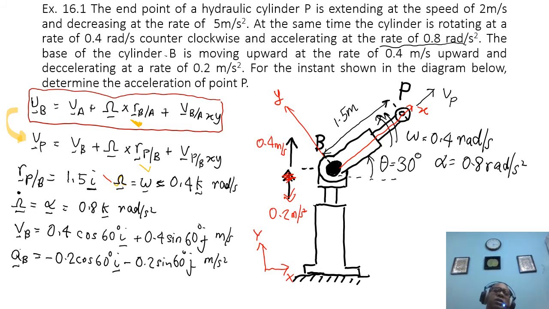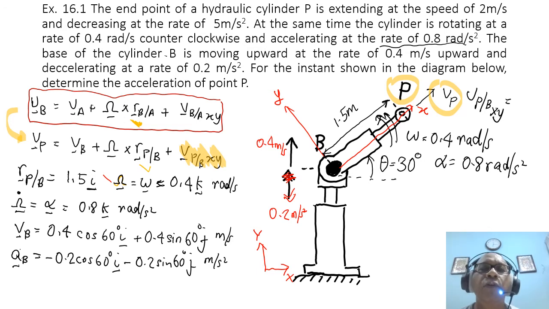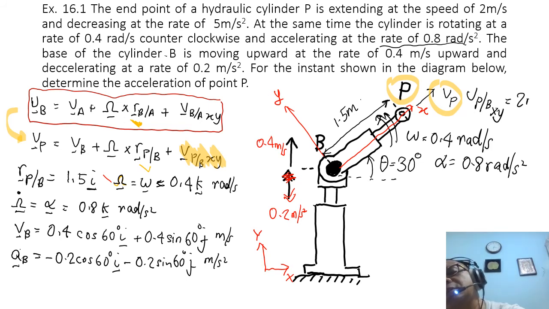Okay. What else do we need? What is P relative to B? So we know that P is moving outwards. This velocity of P is actually the velocity of P relative to B. So the velocity of P relative to B measured in the rotating XY axis is 2 meter per second.